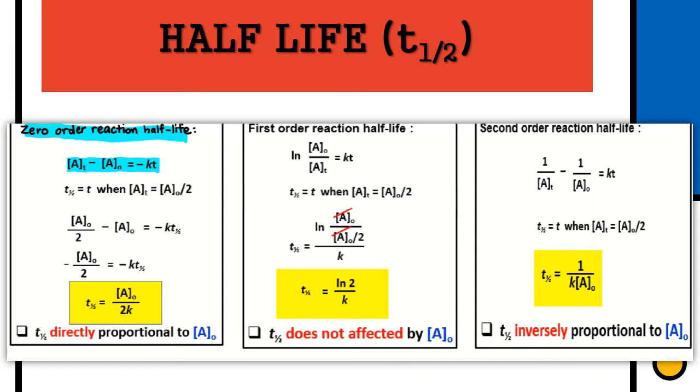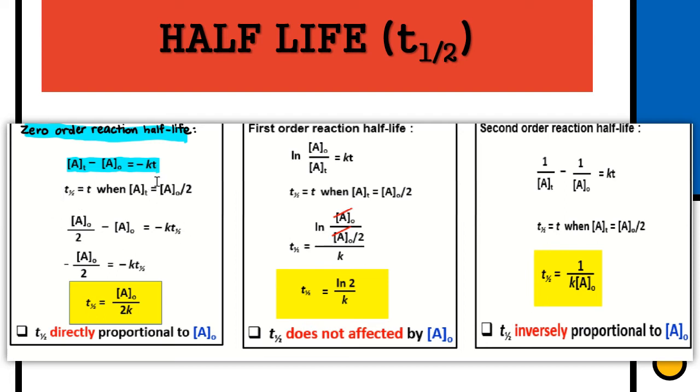So we will substitute the concentration of A; since it is for the half-life, the concentration will become half. We just put the concentration at t as initial concentration over 2 and substitute back into the equation.